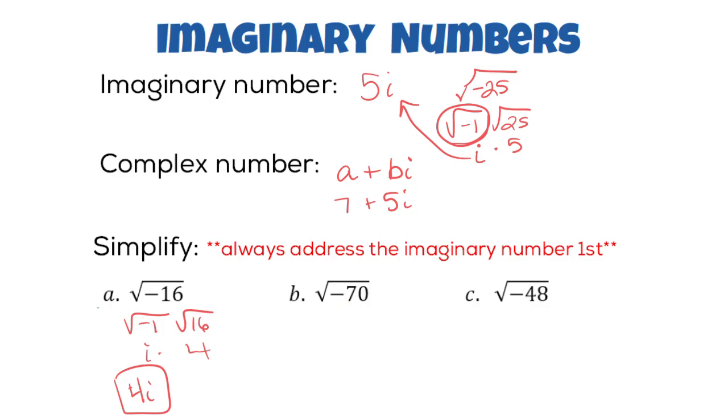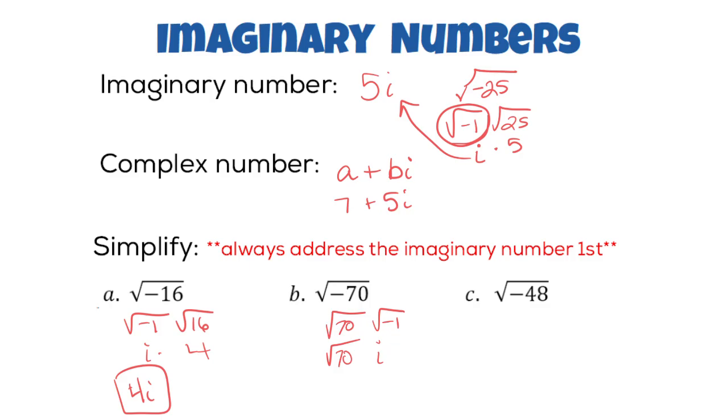Okay, let's try this one. Not quite as straightforward because 70 is not a perfect square. So what's the perfect square that goes into 70? Well, there actually isn't one. So you'd have your square root of 70 and your square root of negative 1, and it could be written the square root of 70i.